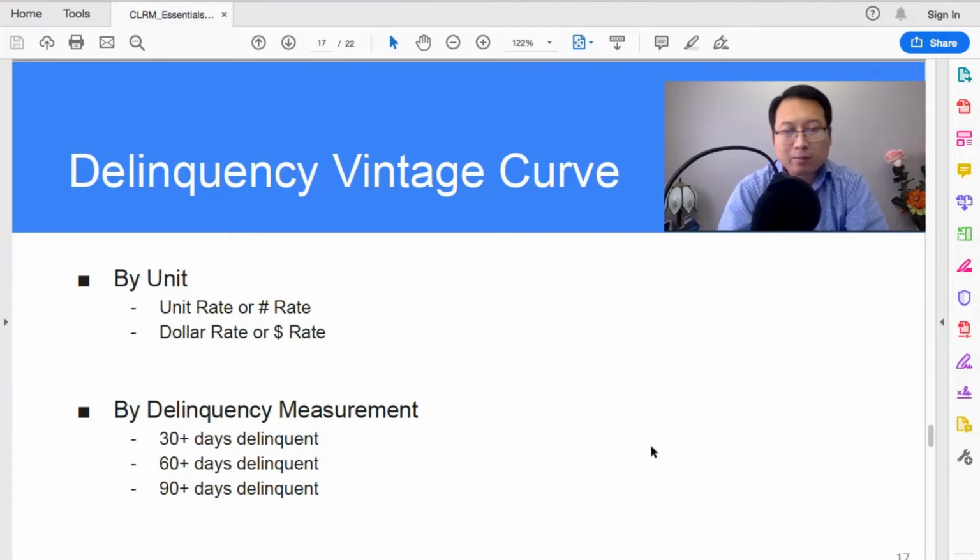Once the account has been open for 4 or 5 months, you can rely more on 90 plus days delinquent, right? Because once they're in 90 plus days, most likely there's an 80% chance they will become charged off. So you want to pay more attention to the accounts in the late stage.